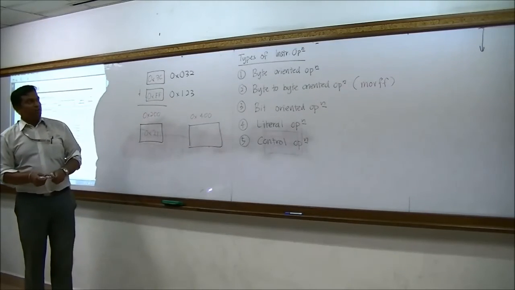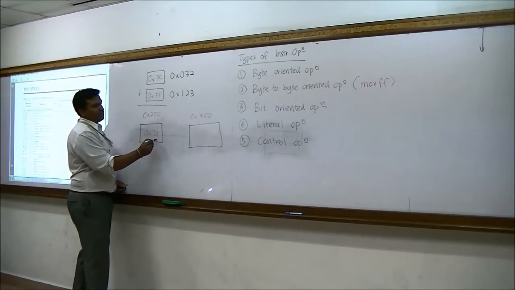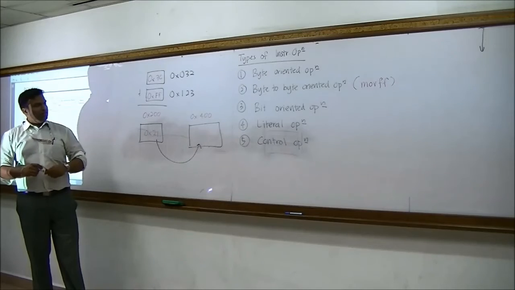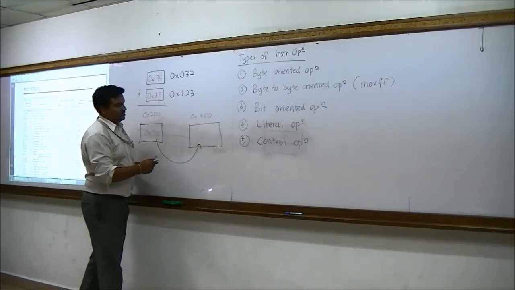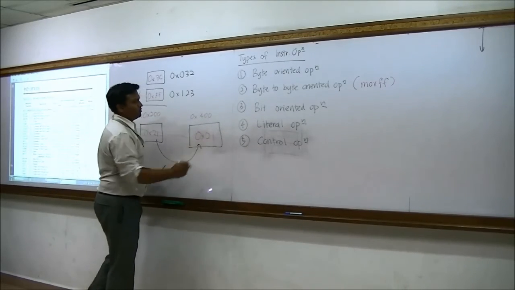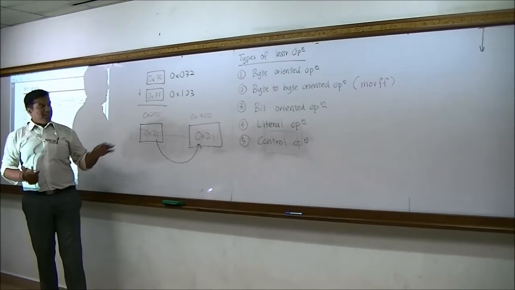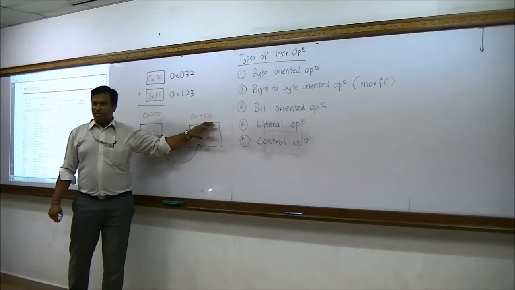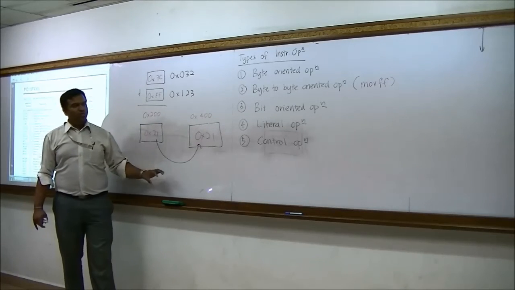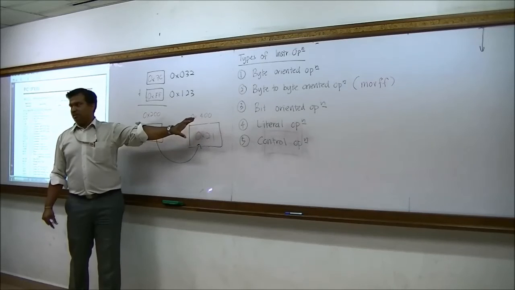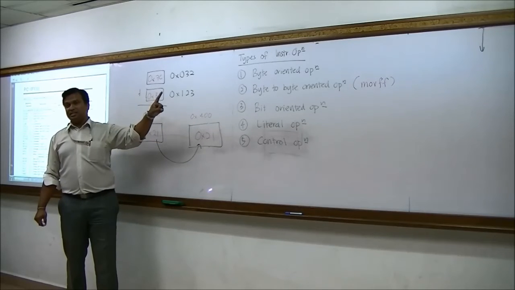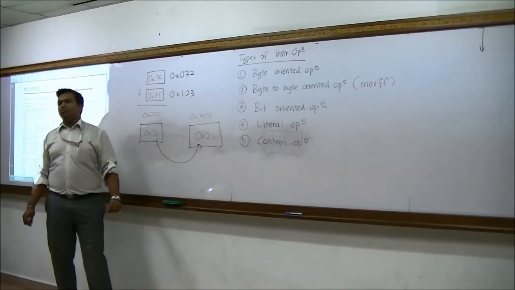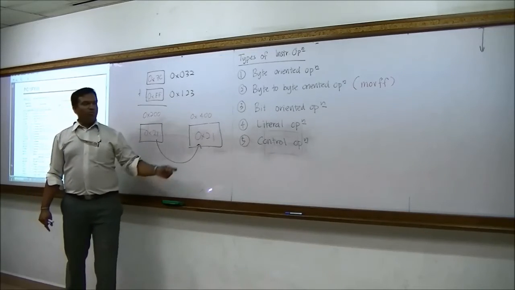When you say byte to byte oriented operation, you take this content, copy it and paste it here. So here also you have hex 21. The operation which copies and pastes to another location is known as byte to byte operation. There's only one instruction which can do this, MOVFF, move from file register to file register.